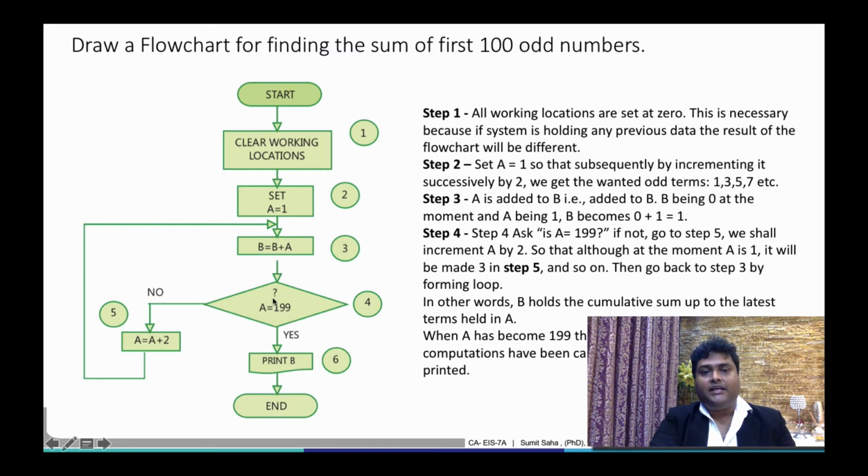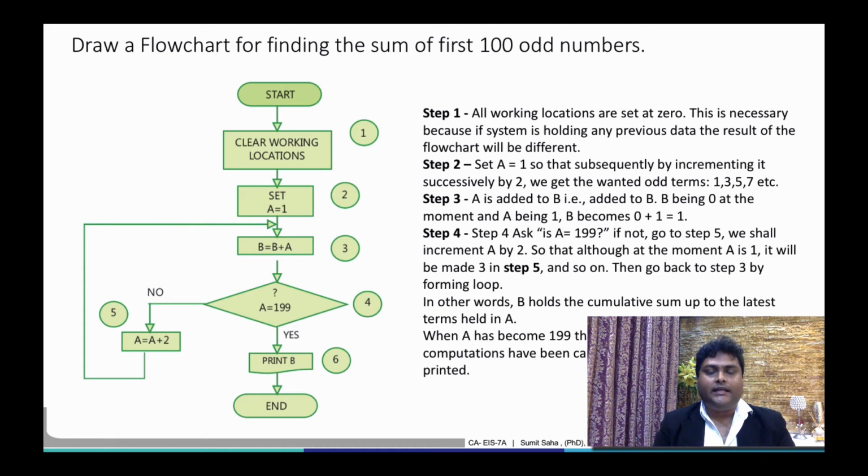Now we need to check here, in the decision-making diamond, whether A is equal to 199. Why 199? Because we need to add the first 100 odd numbers. If you see, the first odd number is 1, the second is 3, the third is 5, the fourth is 7, and it goes on, and 199 is the last odd number.